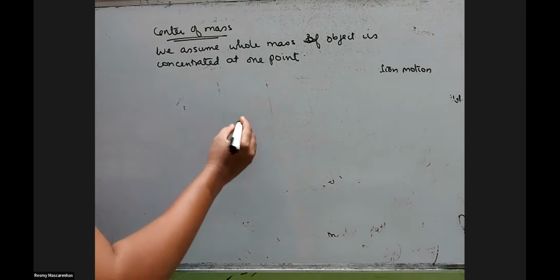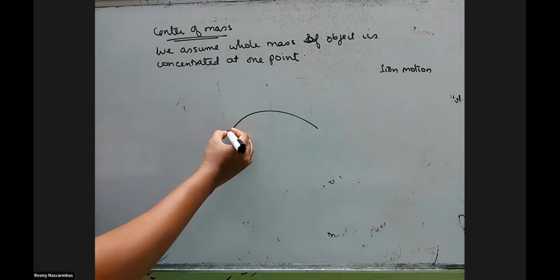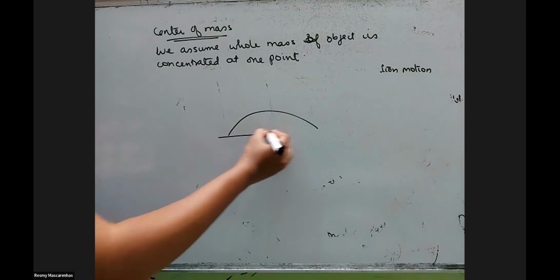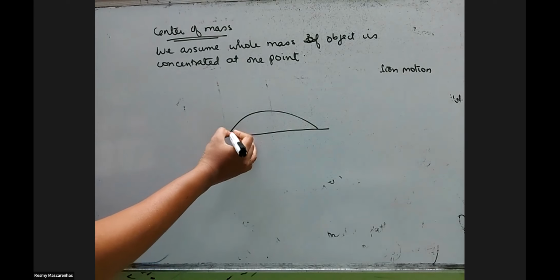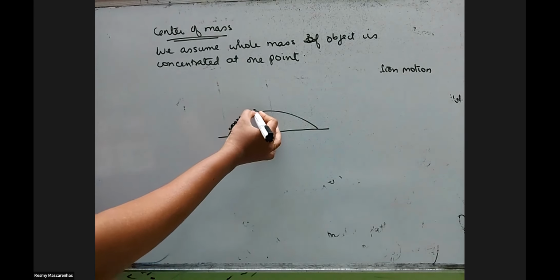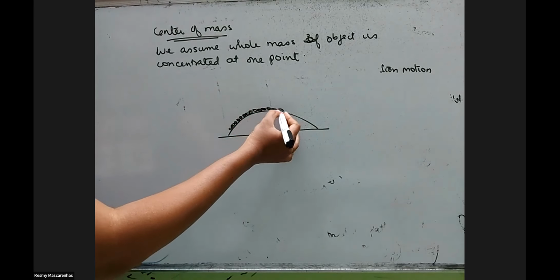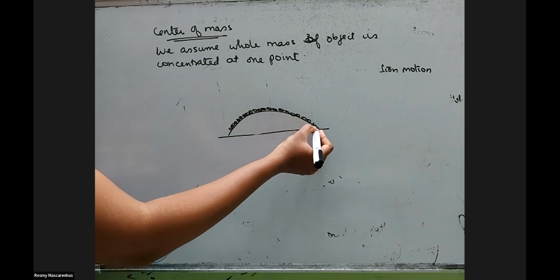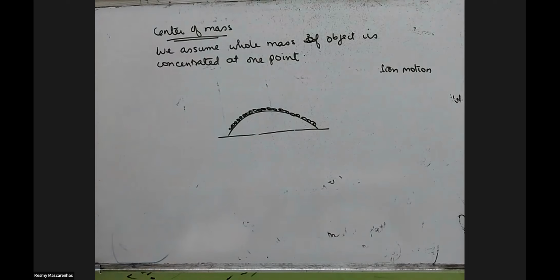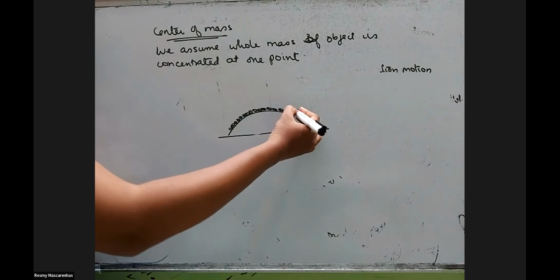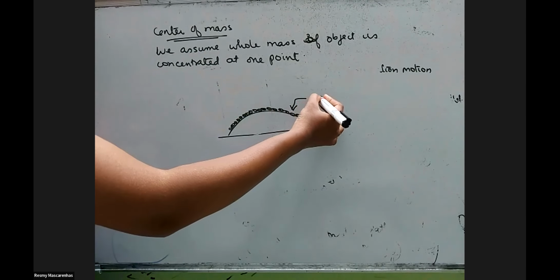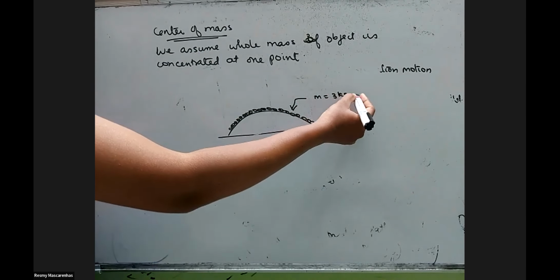Why does it make your life simpler? Consider this example. If there is a bridge or something like that, and there is a chain which is kept on this. Say the mass is 3 kg.